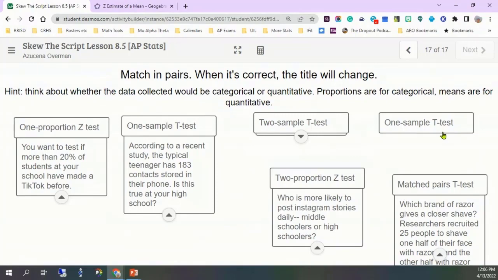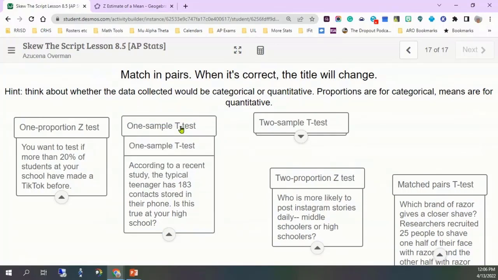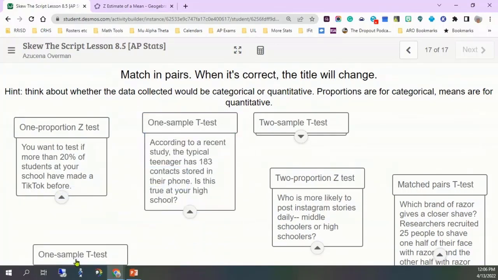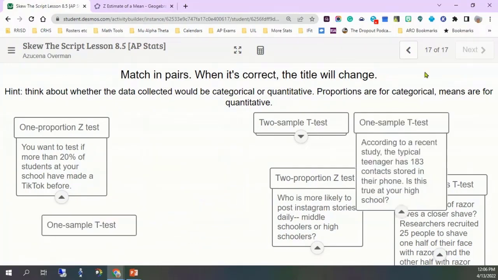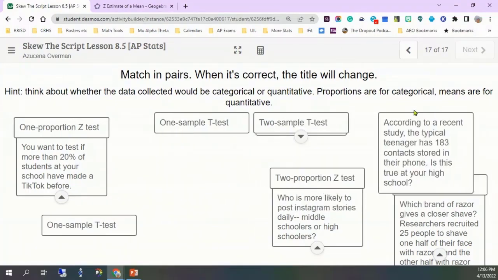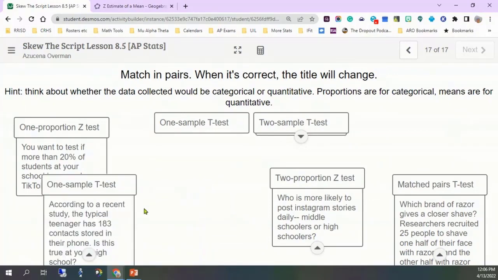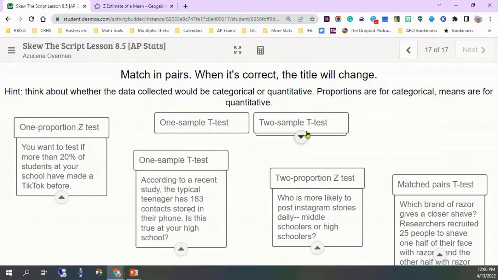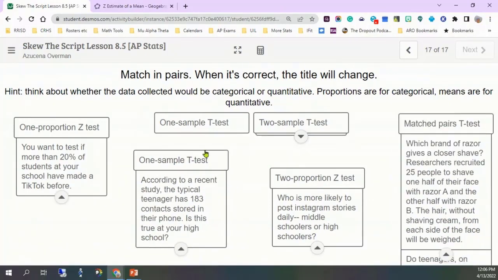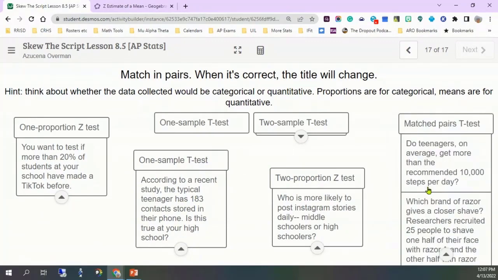And why didn't my title change? Oh, I'm missing a. Why do I have more than 1 sample t-test? That's so weird. Let's see. I think there's a typo. I need to go edit this. What happened here? All right. So I will agree. That is the answer, and I need to go figure out why it's not. Oh, do teenagers.